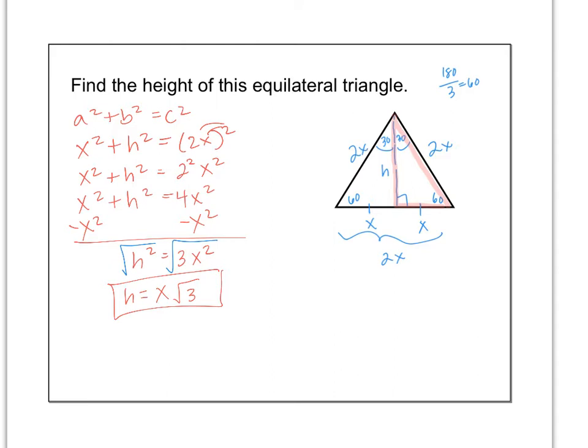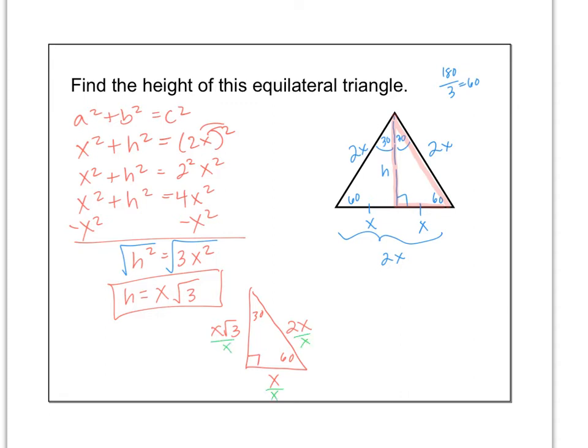So think about what you just learned. You just learned if you have a 30, 60, 90 triangle, the bottom of that triangle we could call x, the height we could call x root 3, and then look at the hypotenuse. The hypotenuse is 2x. All of these sides have an x on them, so what if we divide all of them by x?